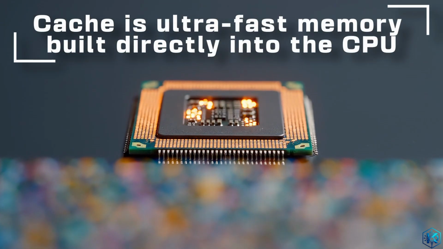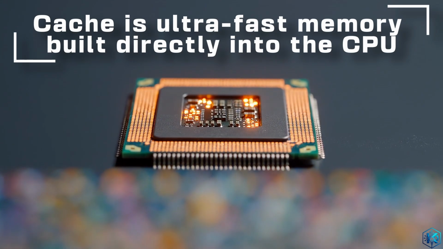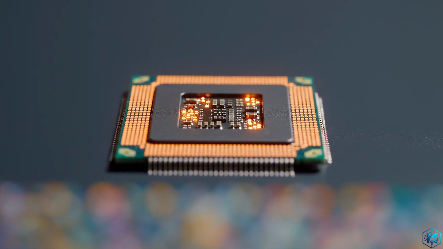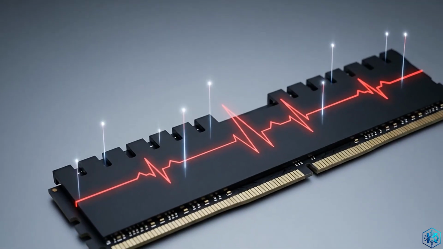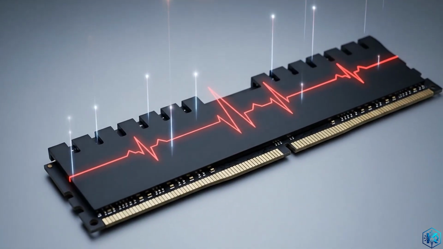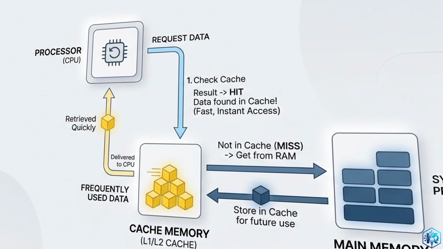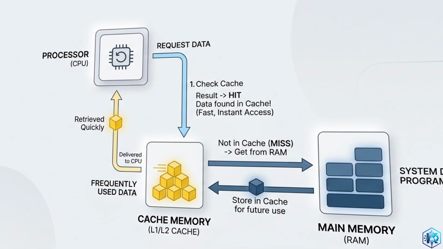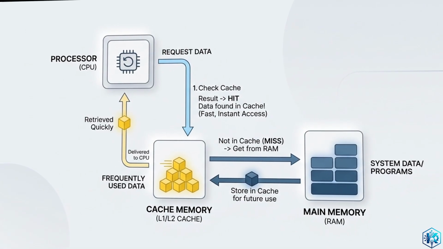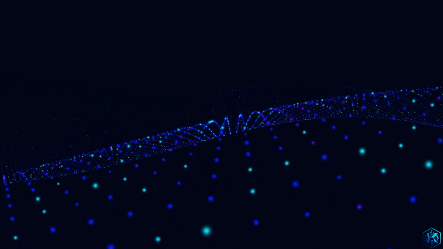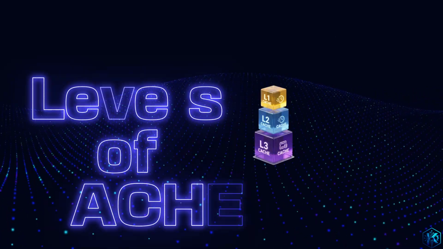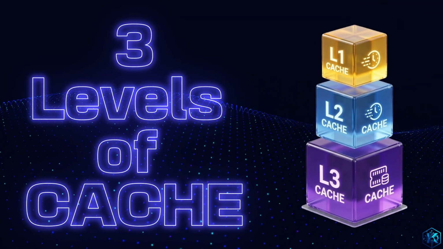Cache is ultra-fast memory built directly into the CPU. Instead of repeatedly accessing slower RAM, the processor stores frequently used information inside the cache. There are typically 3 levels of cache memory.